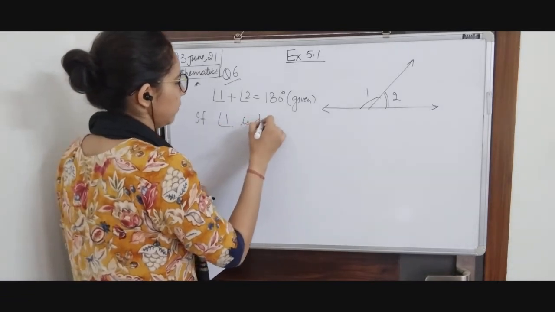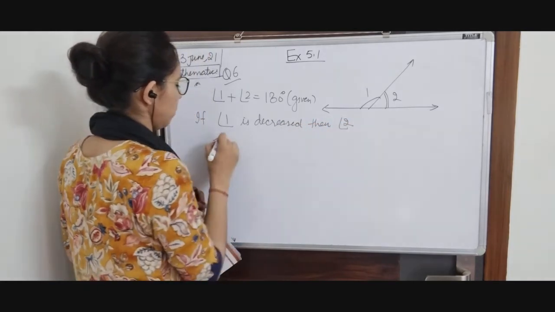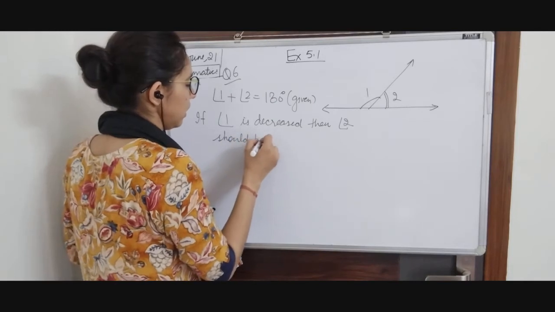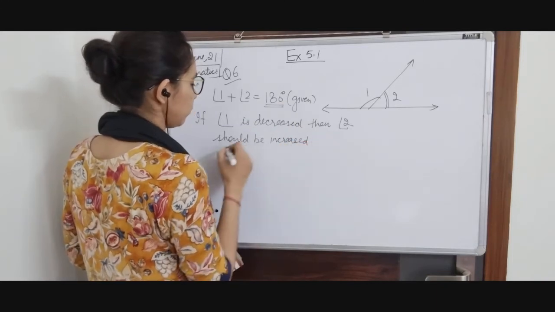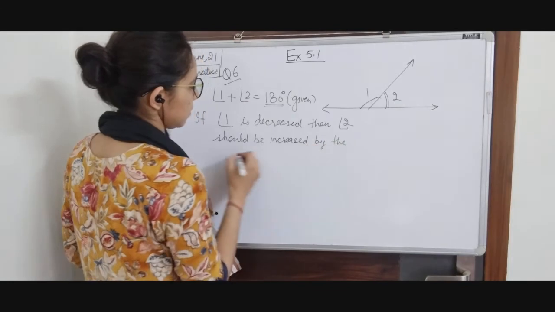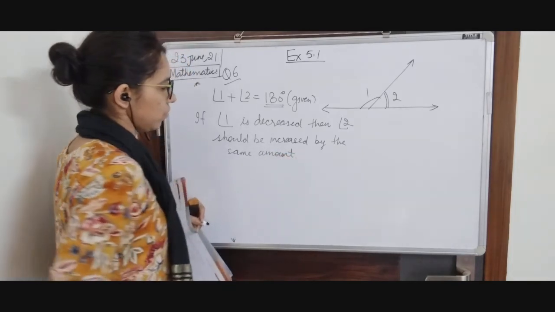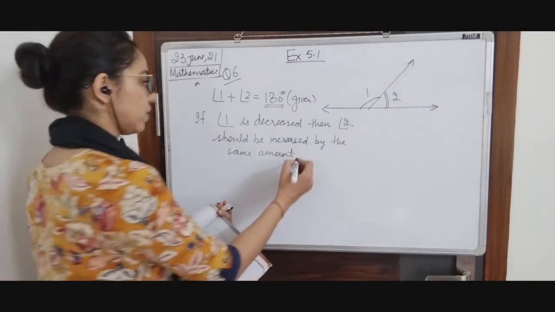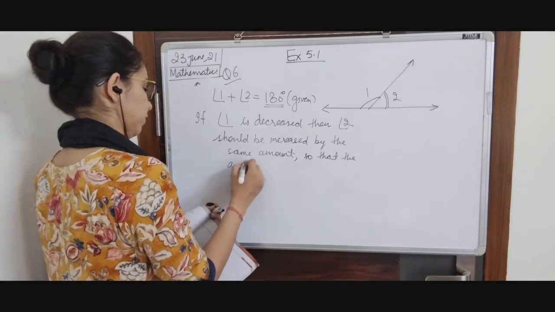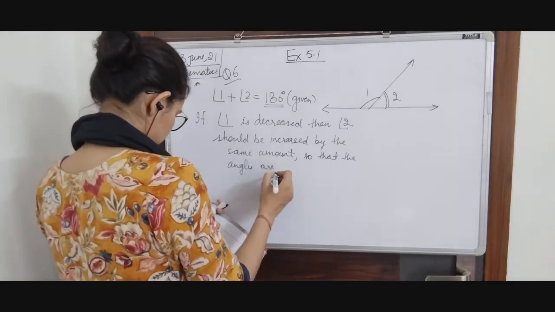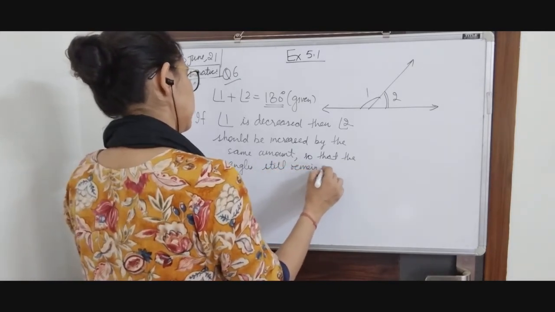So if angle 1 is decreased, then angle 2 should be increased by the same amount, because we have to keep the sum stable, to keep them supplementary.